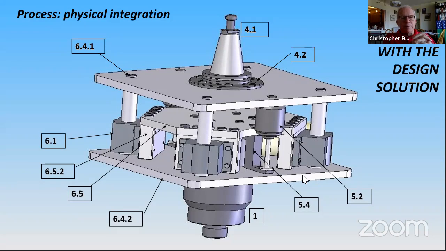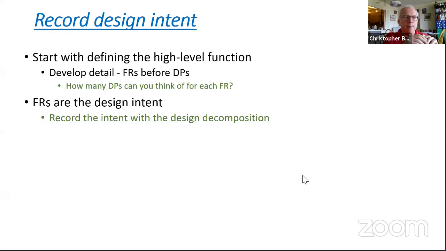In this solid model, everything is physically integrated into one thing, and those numbers allow us to trace to see what FR this piece, this DP, this physical part of the physical solution, is addressing. What function is it fulfilling? This is terribly important. We need to record the design intent, starting with the high-level functions, then develop the details.